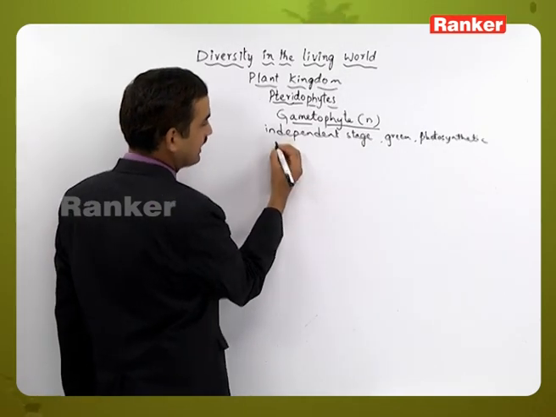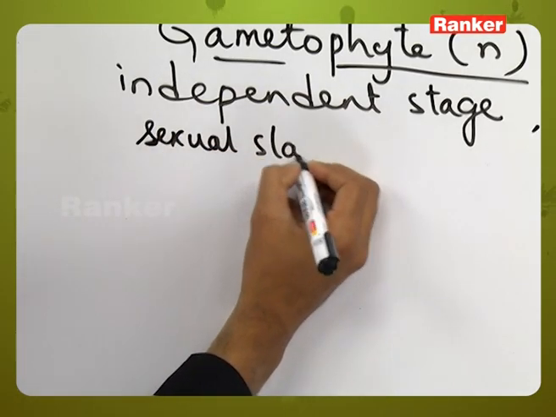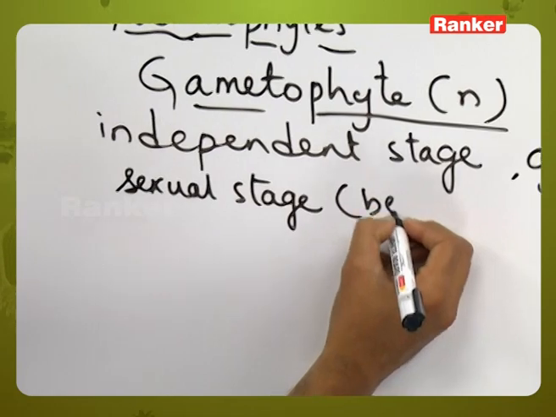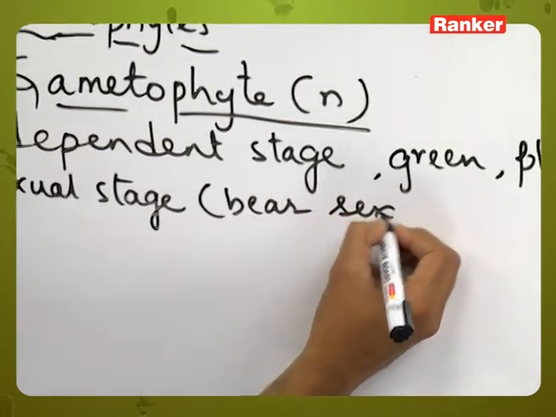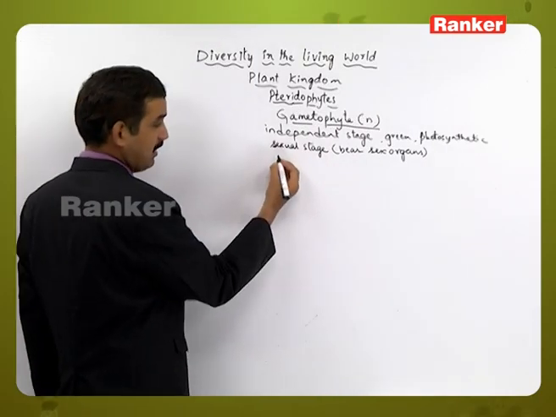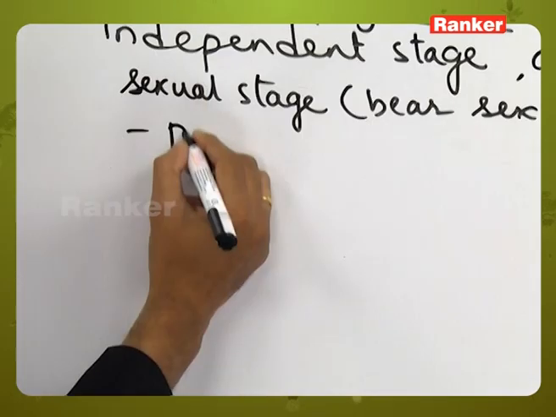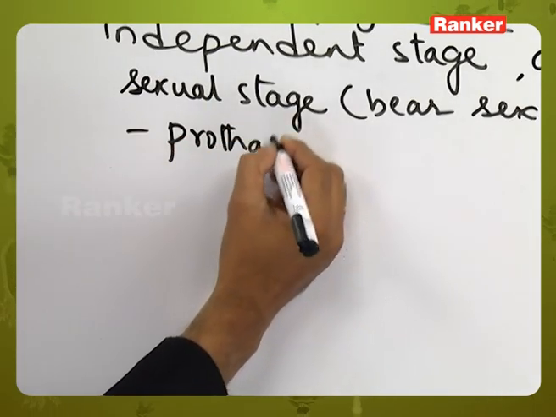And here the gametophyte is a sexual stage because it bears sex organs, and this gametophyte is called prothallus.